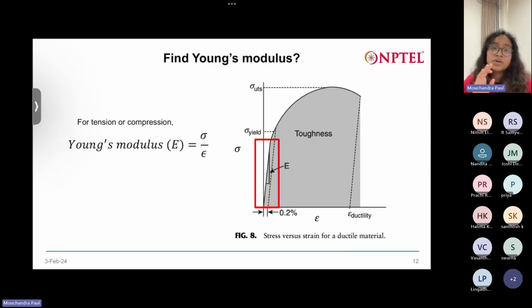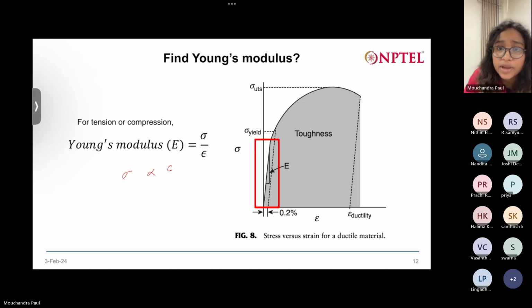Now, if the question is saying that the material is deforming elastically, okay, that matters because if the material is in the plastic region, then you cannot calculate Young's modulus. If the material is deforming elastically, then only you can apply Hooke's law. This is nothing but sigma is directly proportional to epsilon.